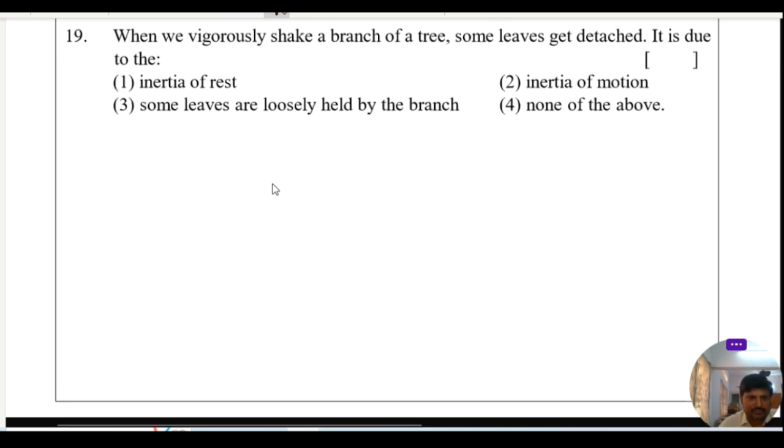Let's go to 19th question. When we vigorously, that means rapidly, shake a branch of a tree, some leaves get detached. It is due to... here the branch and here the leaves. Initially the leaves are at rest.